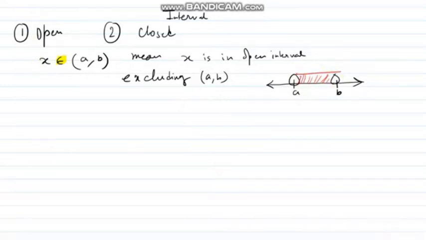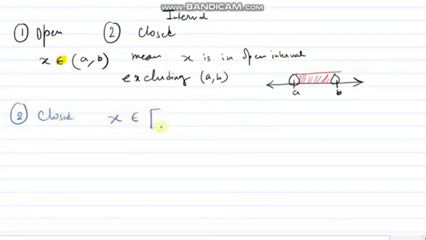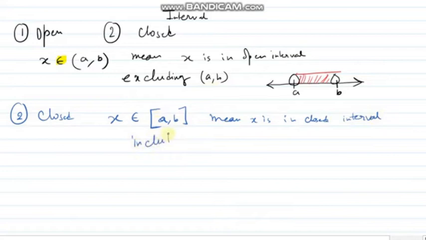Now closed interval. Closed interval is x belongs to [a, b] in the third bracket, which means x is in closed interval, which means x can take any value in between a and b, including a and b.